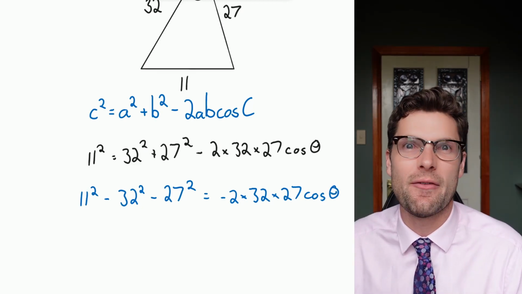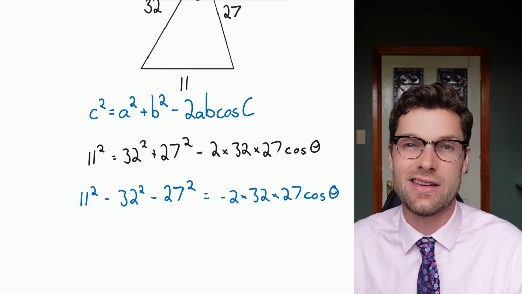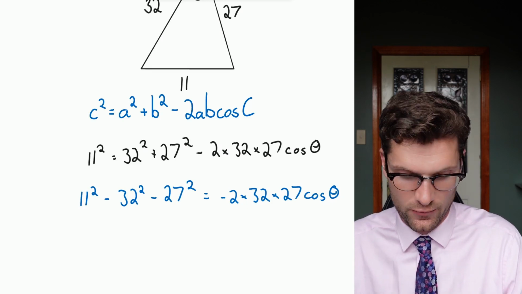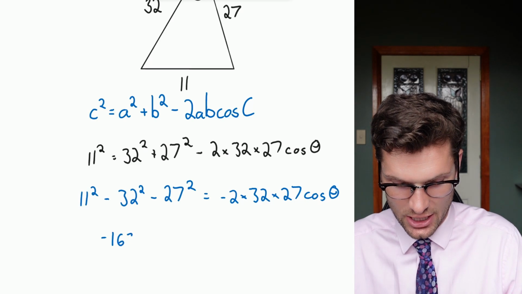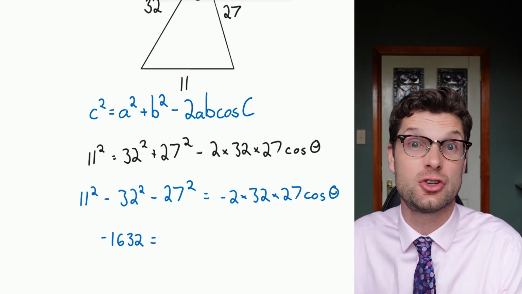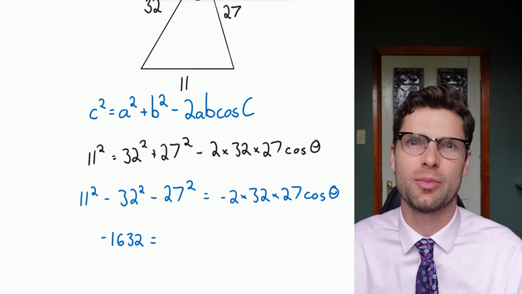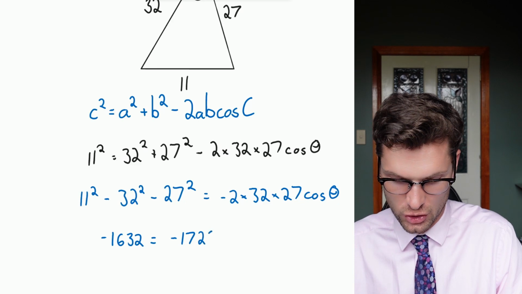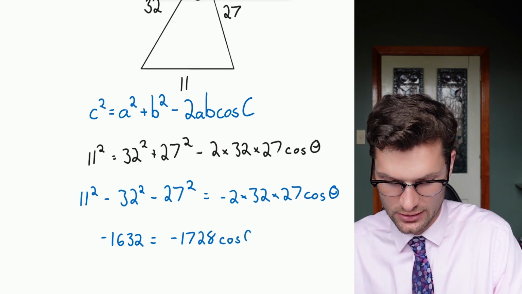You can just type everything into your calculator just so you get one number. I actually prefer doing that. So on this side we've got -1632, which is equal to -2 times 32 times 27 multiplied together to give me one number. So that's -1728 cos theta.